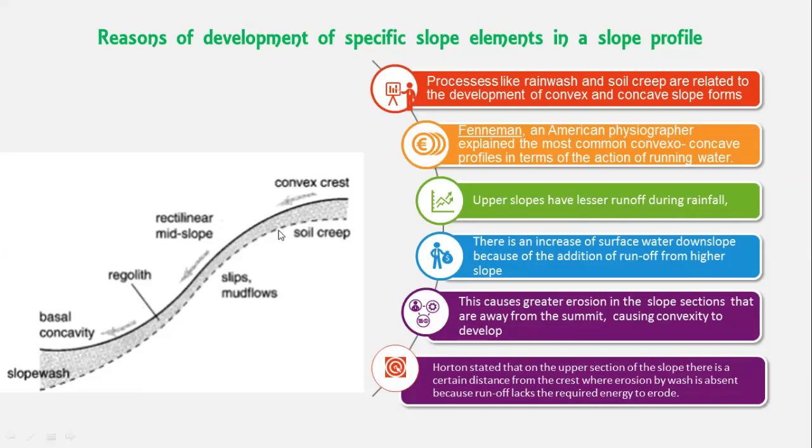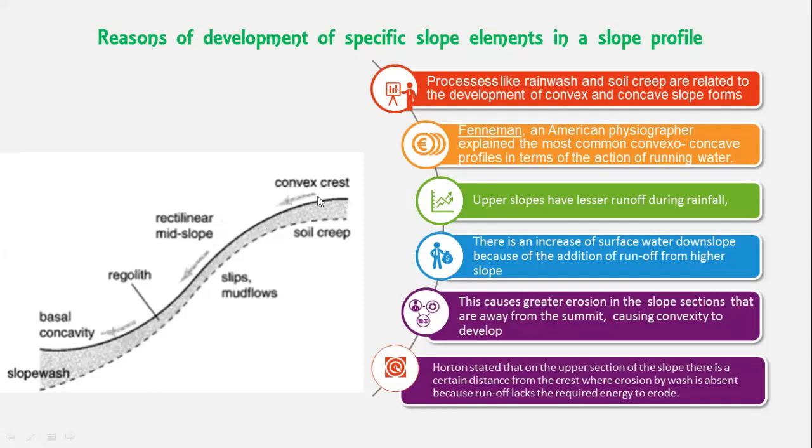It has receded backward. Earlier, the slope was like this, at this height. Now see, it is moving backward. Because of this backward movement of an earlier uplifted slope, which earlier was at this height but has now moved backward, this backward movement, because of erosion, leads to this shape.